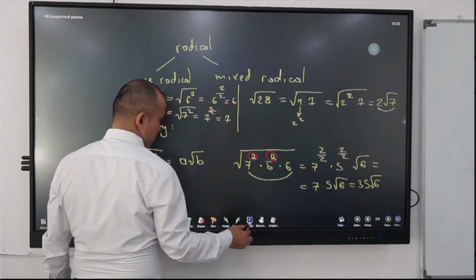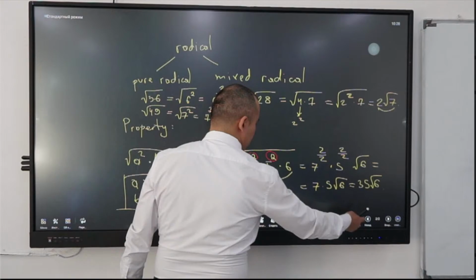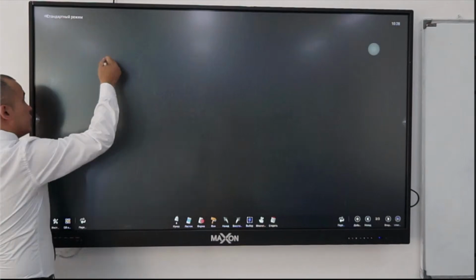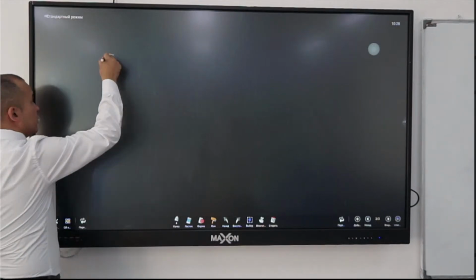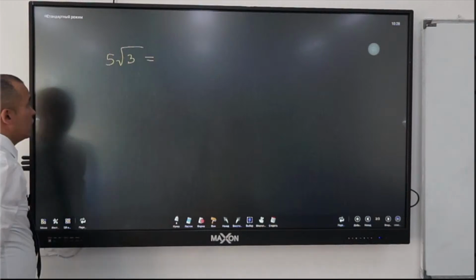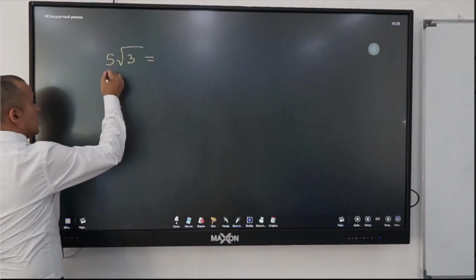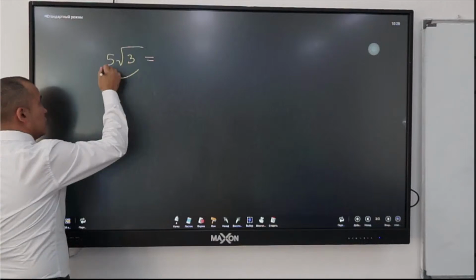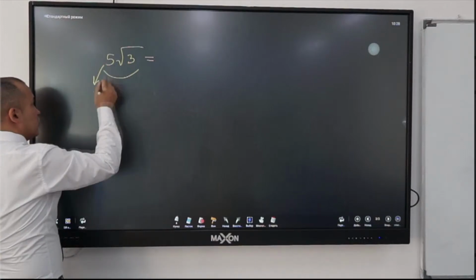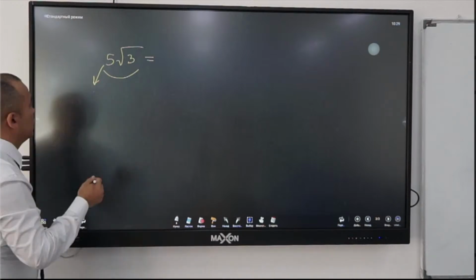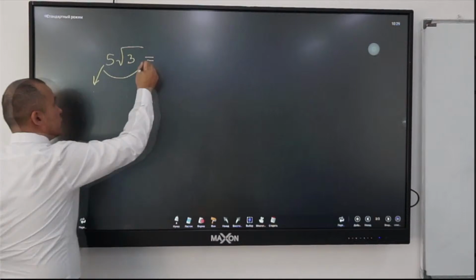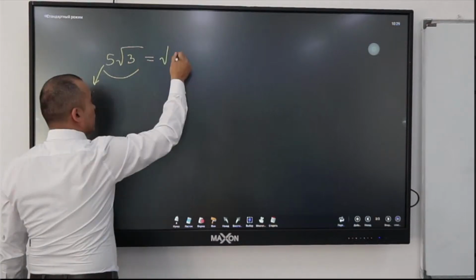Another page, let's open. Let's convert mixed radical into pure. For example, 5 root 3. This is mixed radical because the coefficient of the radical is 5. Then when we convert this mixed radical into pure, we write under the root 5 squared.